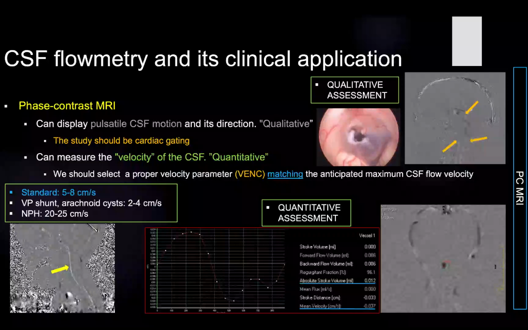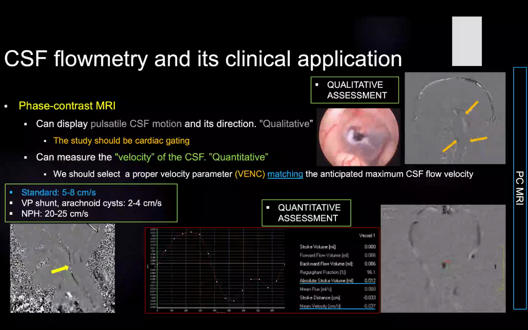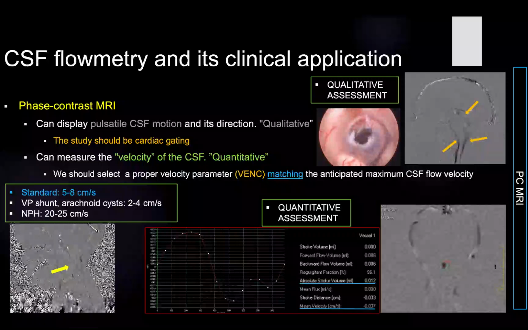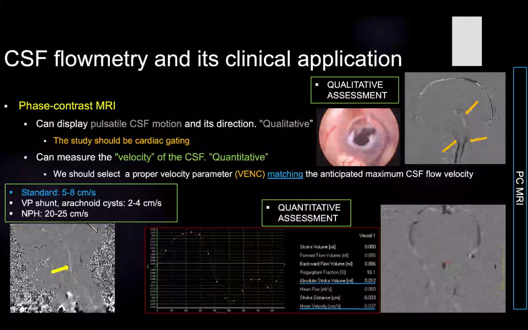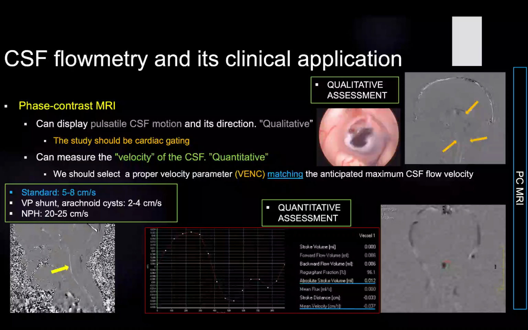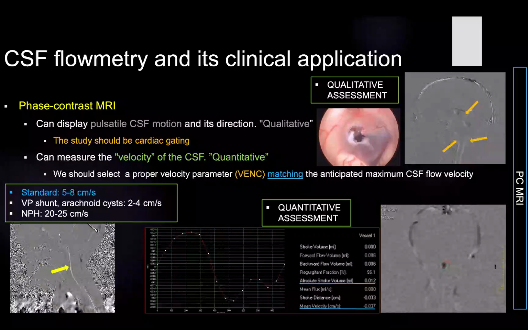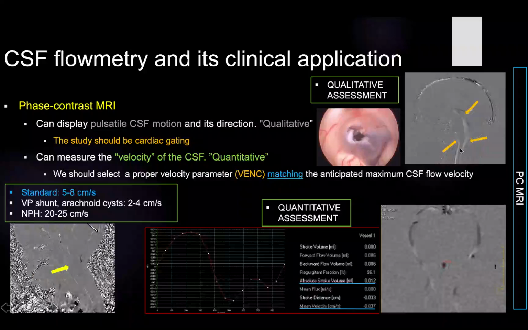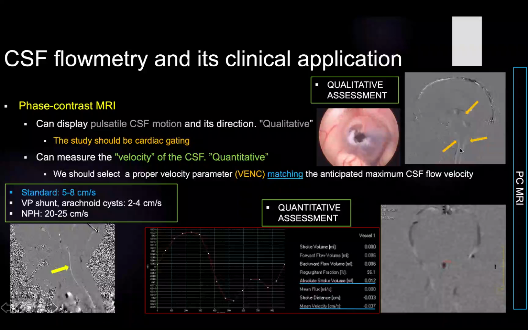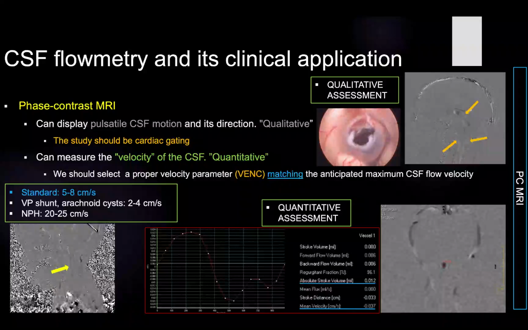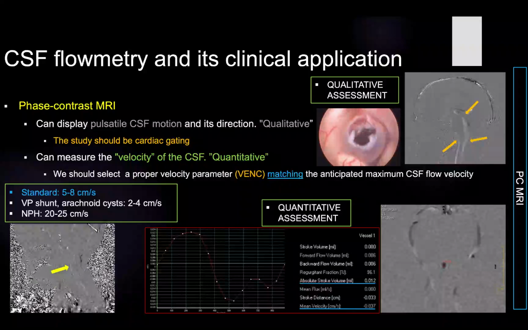So the phase contrast can not only depict the motion of the CSF flow, that there is a CSF flow at these sites, but it can also depict the variation or the direction of the CSF flow.